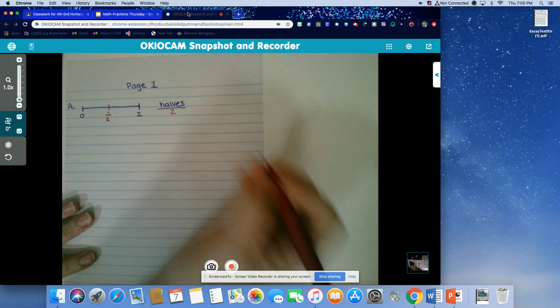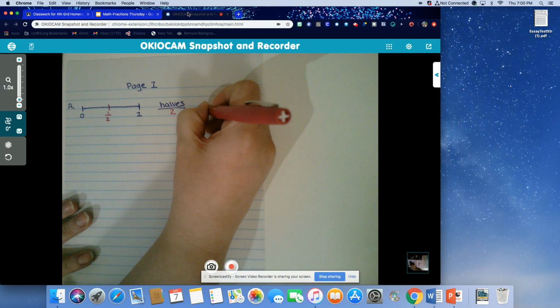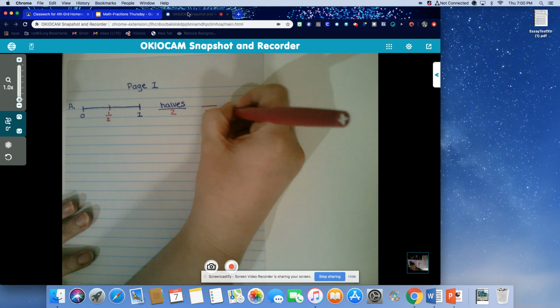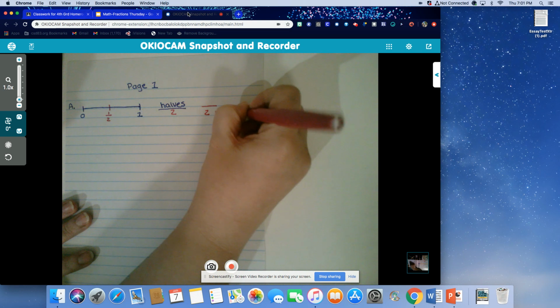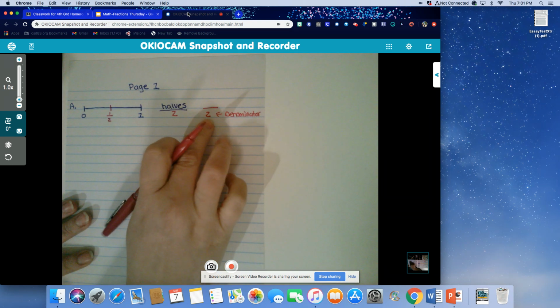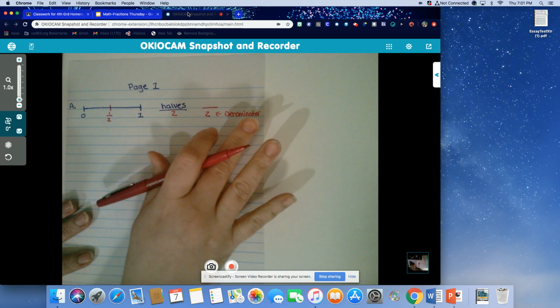So let me go over really quick, just in case you missed it. The denominator is on the bottom. This is a denominator. And the denominator always tells us the total number of pieces we started with, always, okay?